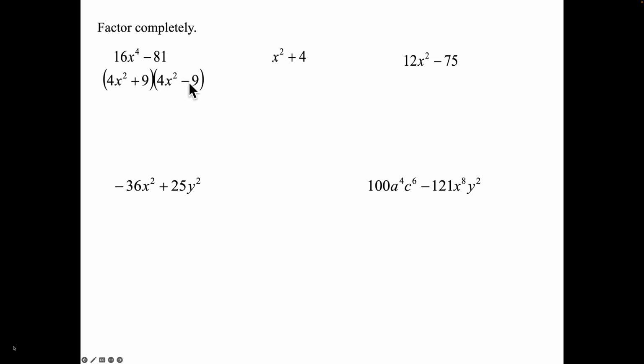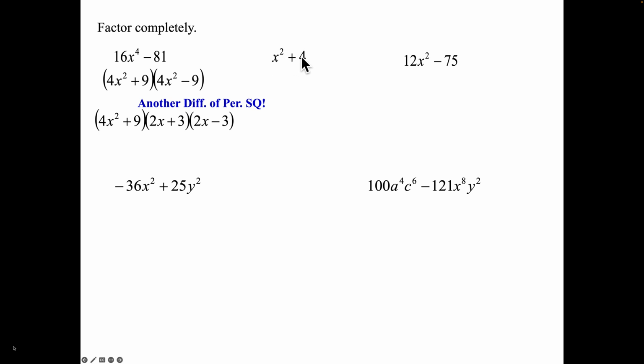This last binomial, that's another difference of perfect squares. This was hiding inside of this polynomial. 4x squared plus 9, I cannot factor. Leave that alone. But I'll have a 2x and a 3, one plus, one minus. Now it's factored completely. Circle, star this thing. Guarantee you'll see something like this on the test.